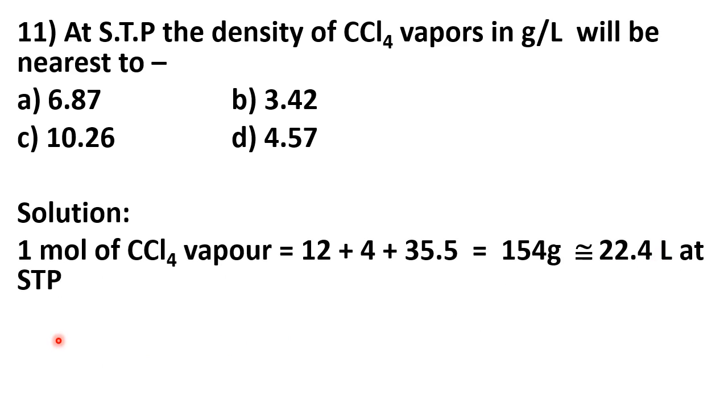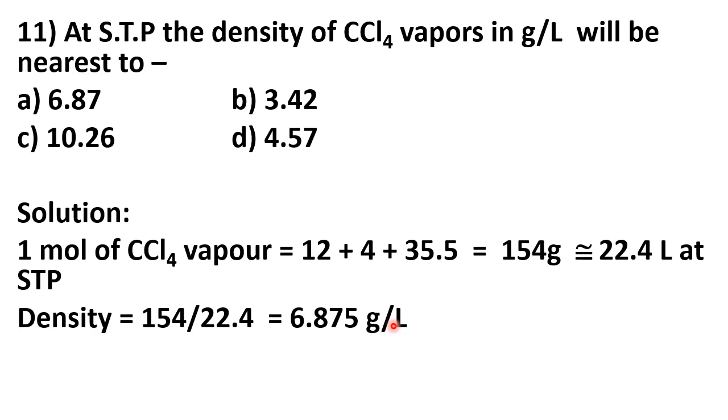So density can be calculated by using the values of molecular mass as well as volume. Mass divided by volume gives us density. So mass is 154 divided by volume 22.4. If you simplify, density becomes 6.875 gram per liter. Therefore the correct answer is option A.